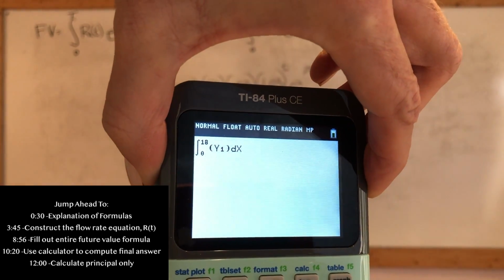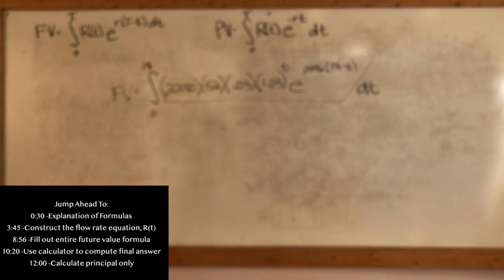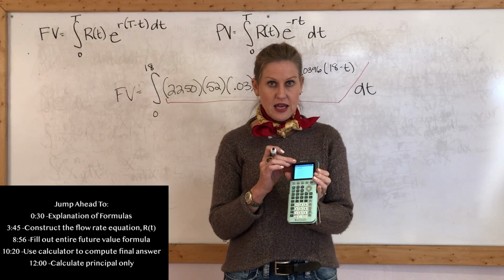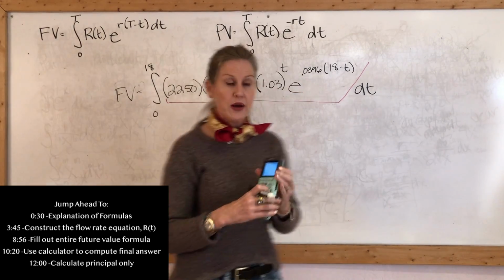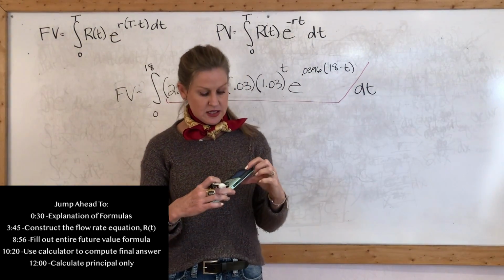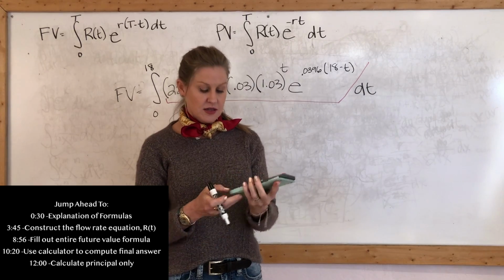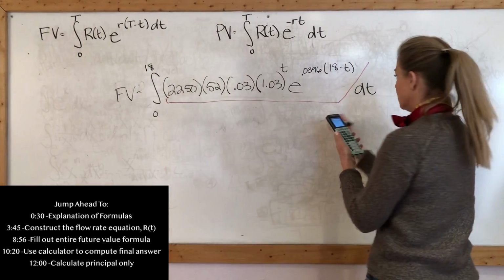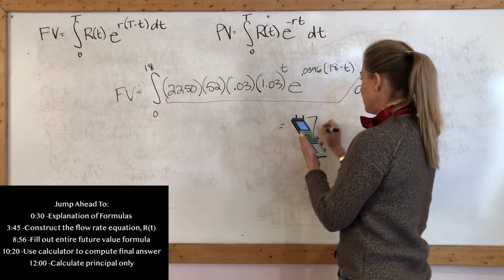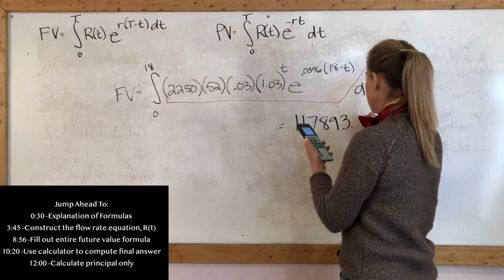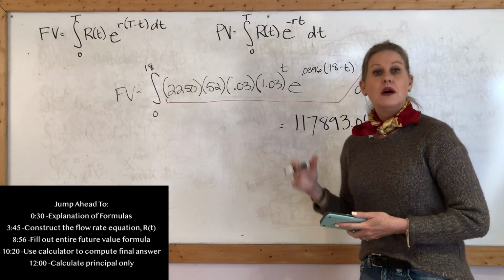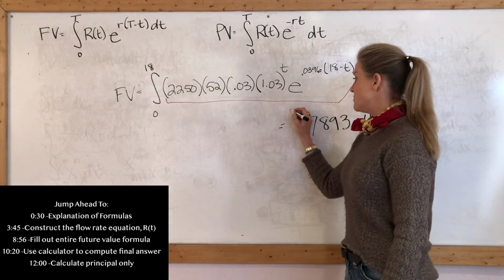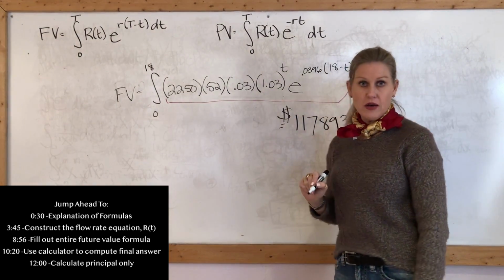That's what Math 9 looks like. So that says antiderive from 0 to 18, the equation that I put into y1, which is all of that, with respect to x. So when I hit enter, I get 117893.04.